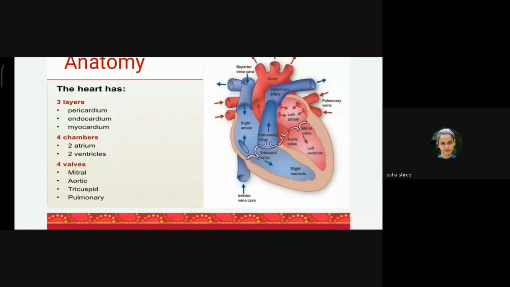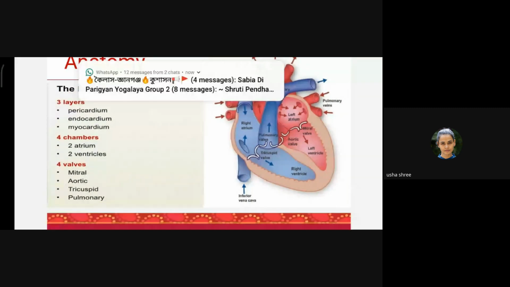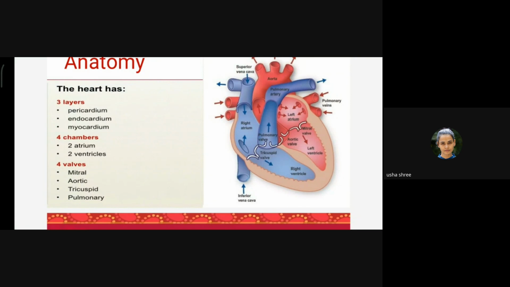Are you sure? No, ma'am. Endo is the outermost. Oh, okay. Are you sure? What is peri? Peri, isn't it the outermost one? Yes, peri is the outermost, myo is the middle, and endo is the innermost. So peri will always be the outermost. Myo, M for myo, M for middle. And endo means the inner side, the inner wall. Okay.